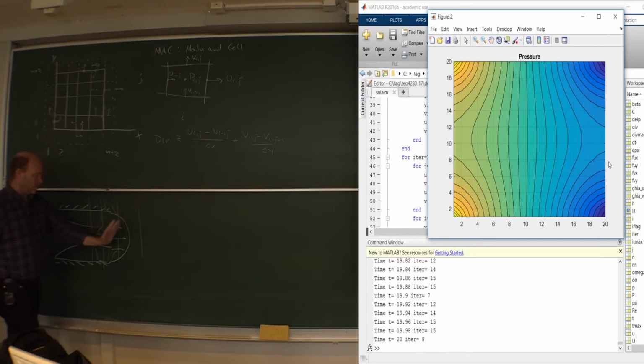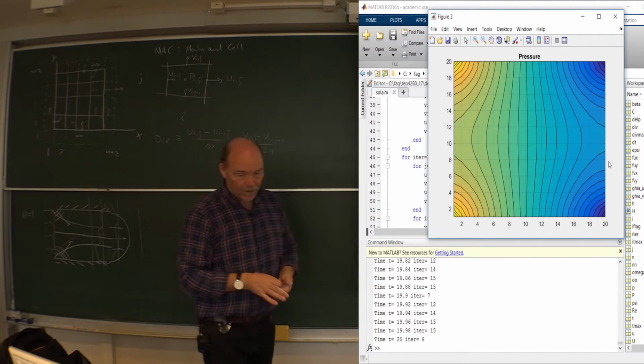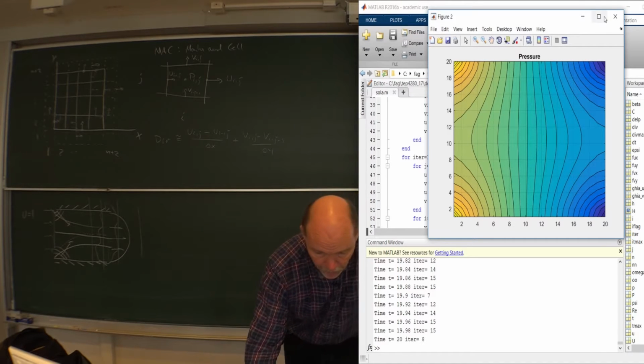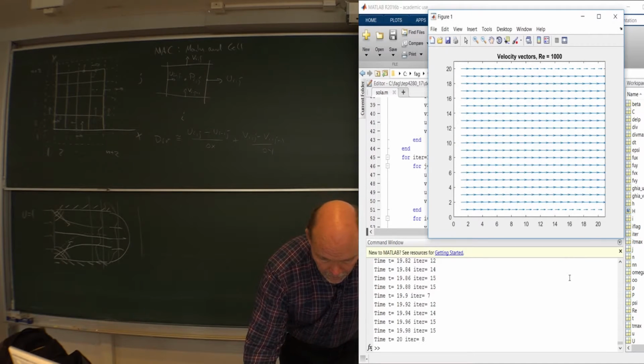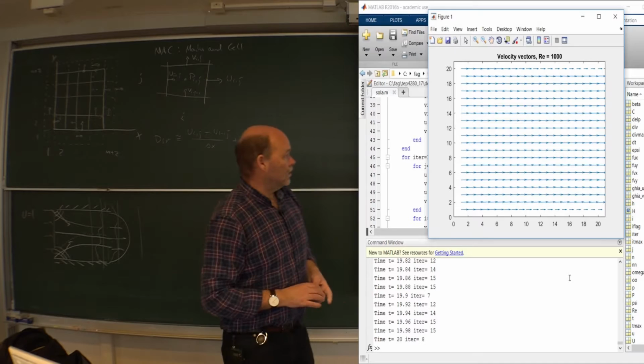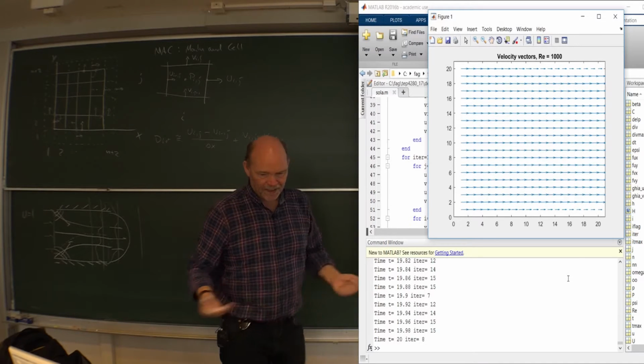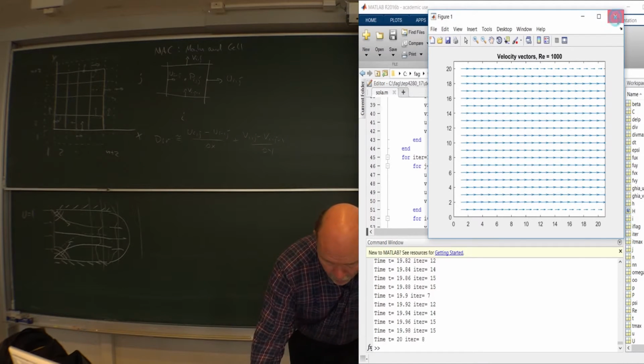Here, of course, you will have high pressure in these corners because you are going to push the velocity towards the center. So that's okay, but the right-hand side of that graph has to be rubbish. And here the velocity vectors, only horizontal. So Reynolds number 1000, no way, no way.